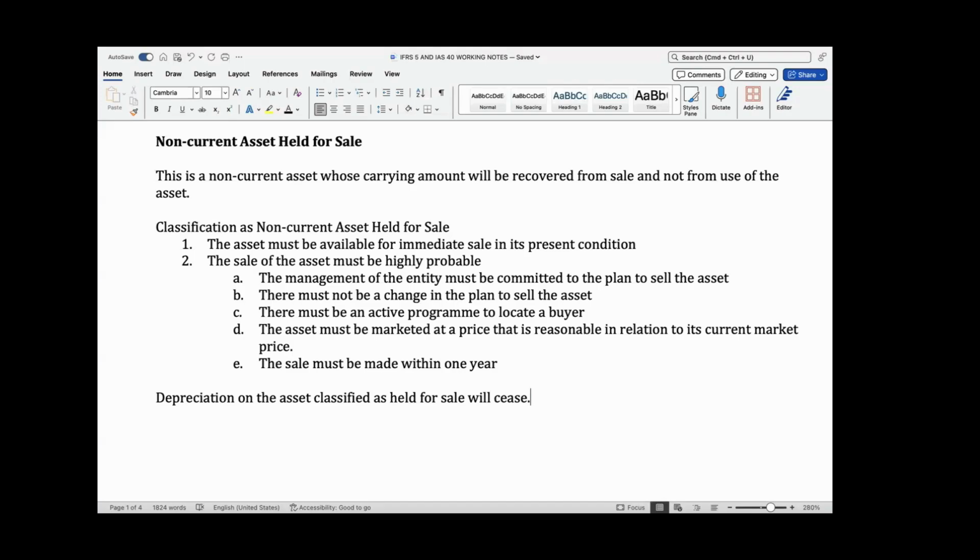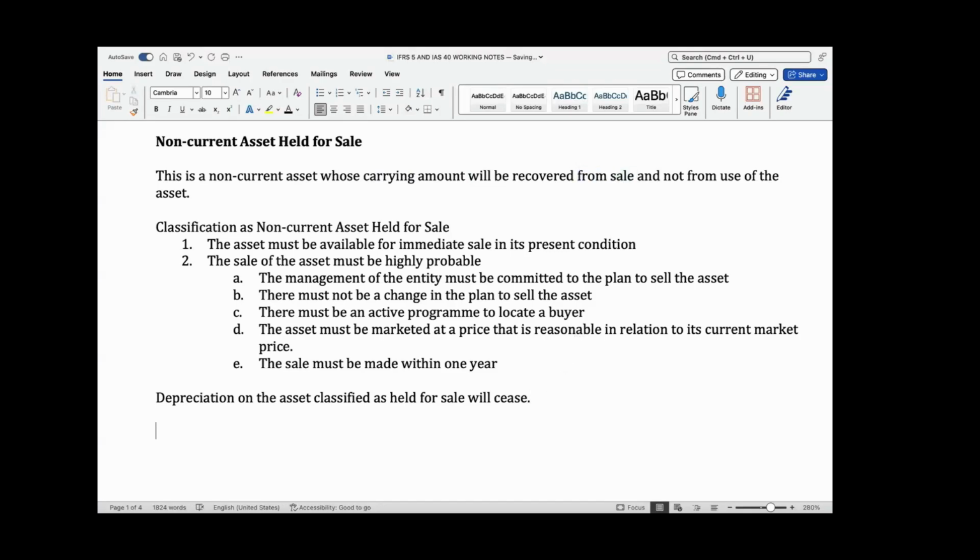And the money you're going to make from the asset will be recovered from sale and not from use. So the issue of matching income with costs will not even arise anymore. So depreciation is not necessary based on principle for a non-current asset held for sale.